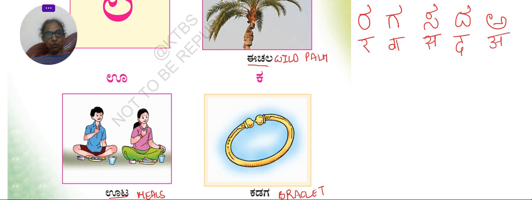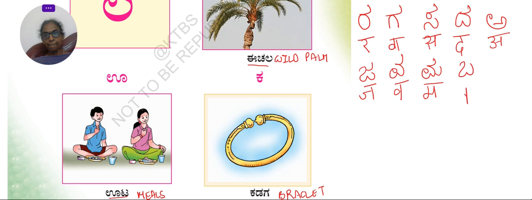Then in lesson 2, the alphabets were Ja, Va, Ma, Ba, Na. Ra, Ga, Sa, Da, A, Ja, Va, Ma, Ba, Na.